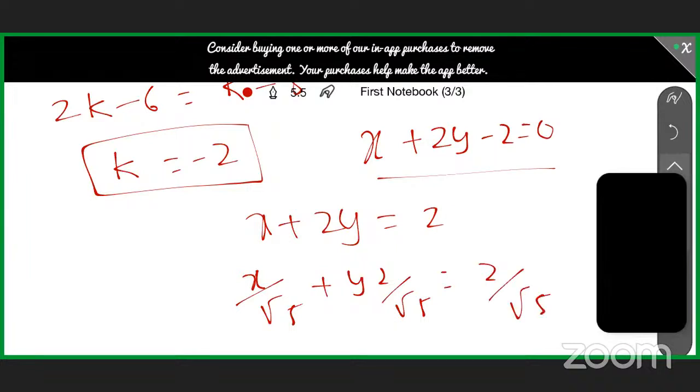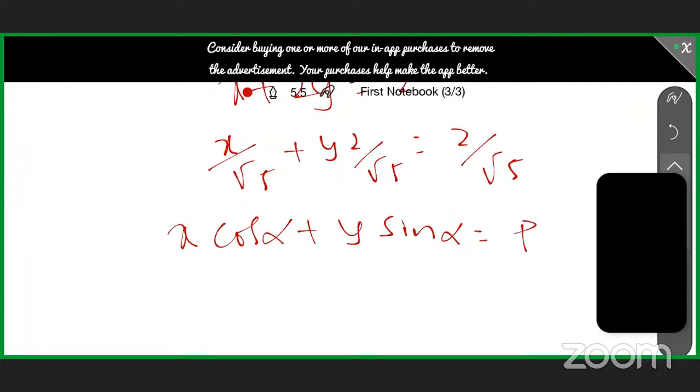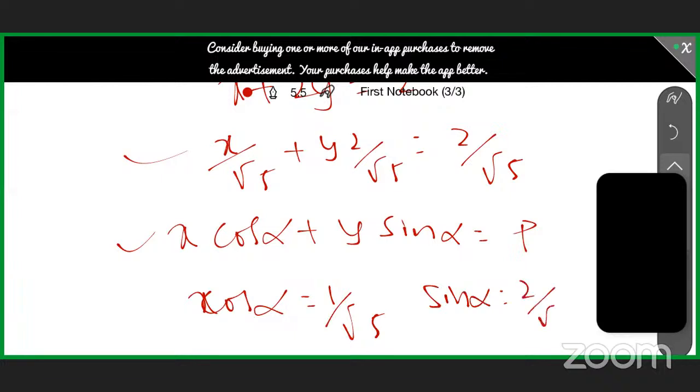So this is x cos alpha plus y sin alpha is equal to p. If I compare this equation and this equation, my value of cos alpha is 1 by root 5 and my value of sin alpha is 2 by root 5.